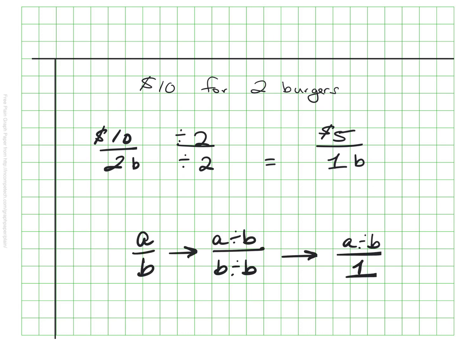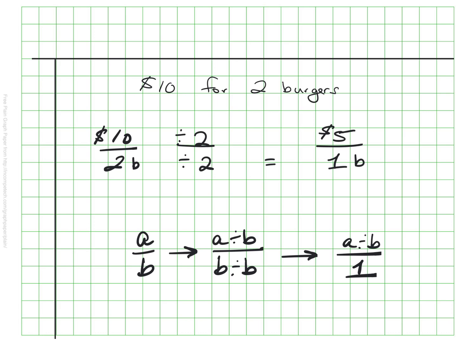I'm going to generalize that with my letters A and B again. So if the ratio is A to B, and I want to figure out how many A's I have for every one B, I can set it up this way, and you'll see here that I'm dividing B by B, right? Because that would give me a value of 1. Any number divided by itself leaves us with 1.